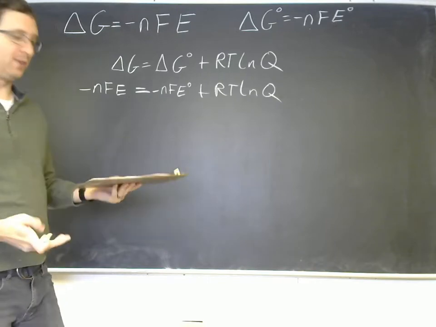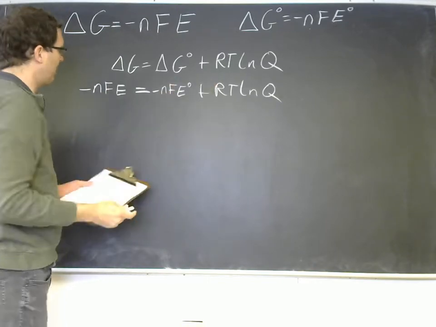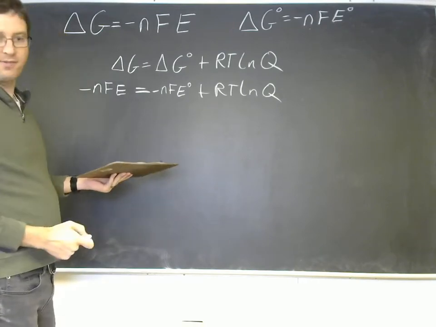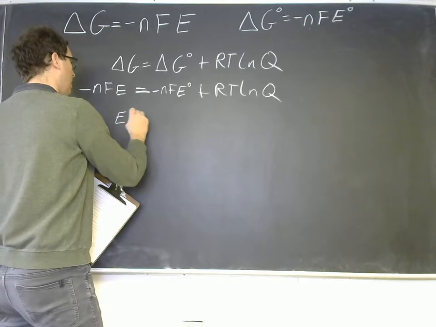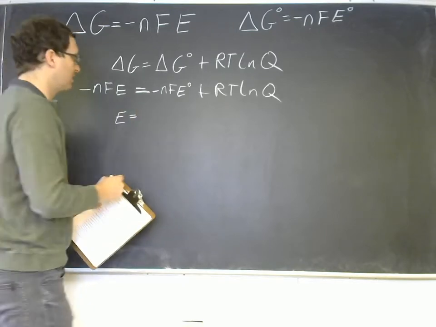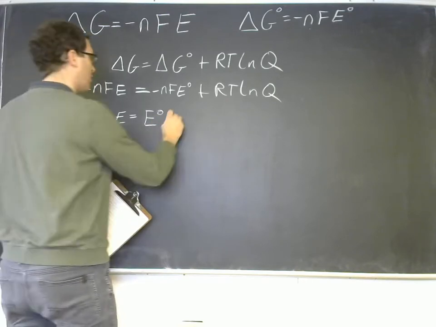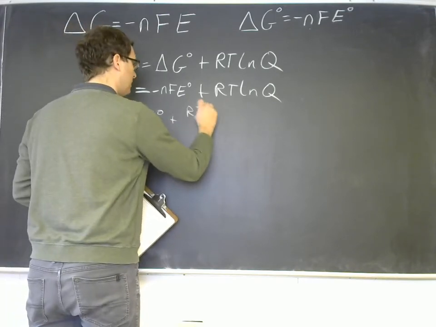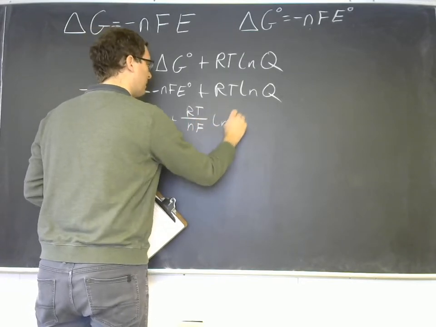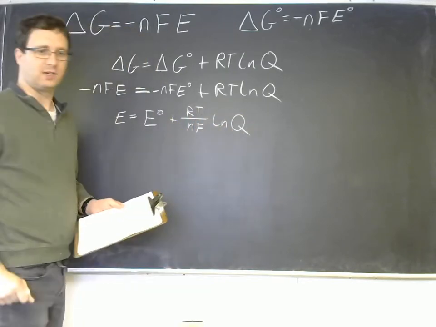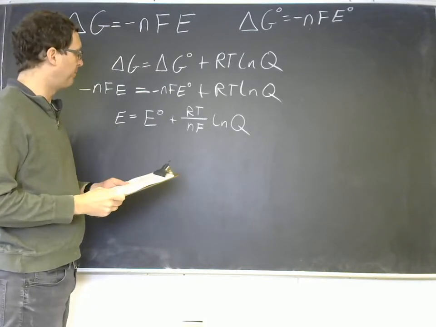And we can clean this up a little bit just by dividing negative nF from both sides. And so E, the potential under non-standard conditions, is going to equal E naught, the standard cell potential, plus RT over nF times the natural log of Q. This R is the 8.314.